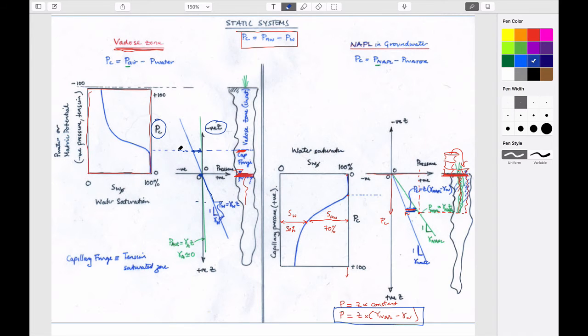We can't go across here directly, because the elevation is scaled with capillary pressure. But if we took this capillary pressure and it was up here, then we can do the same thing. This is going to be the saturation of water, and this is going to be the saturation of the non-wetting fluid.